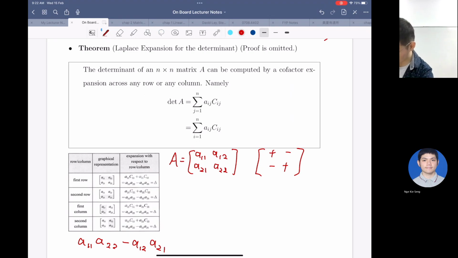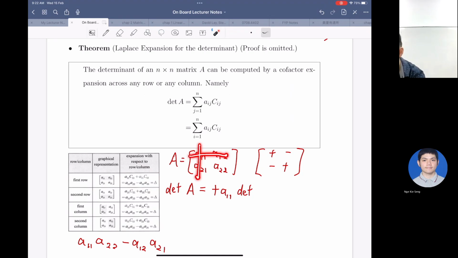Quick calculation for this. The first thing we learned is we expand across the first row, right? So what's the sign of A11? It is plus: A11 times the minor you get after taking away the first row and the first column, which is the determinant of A22.